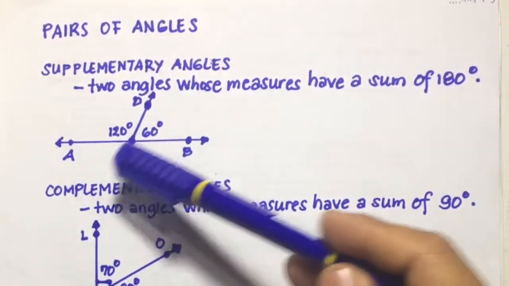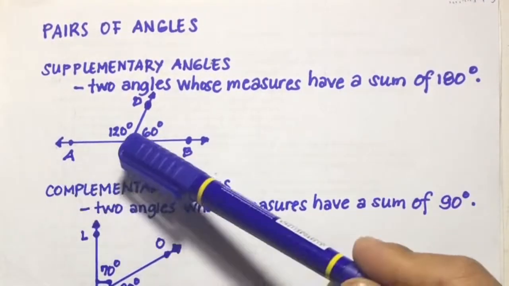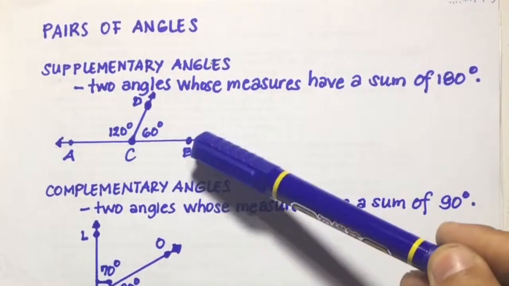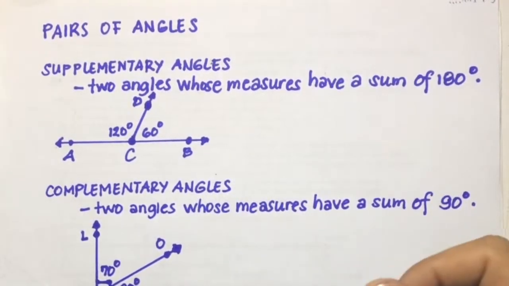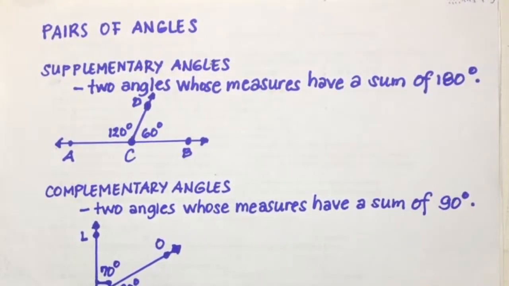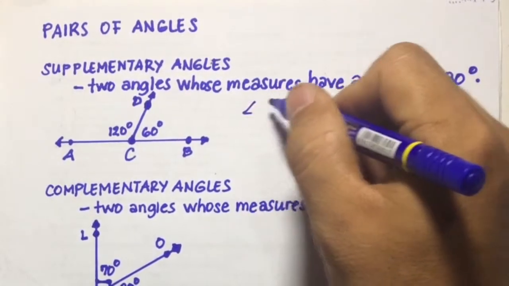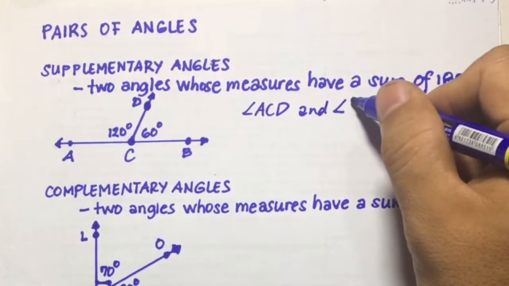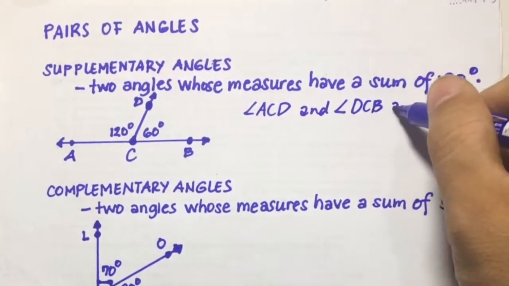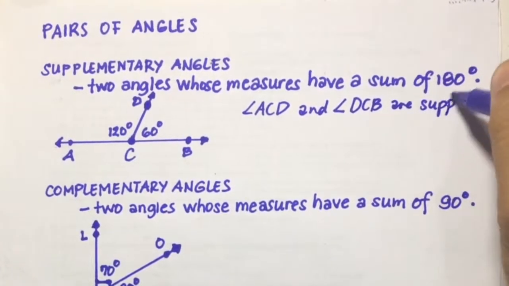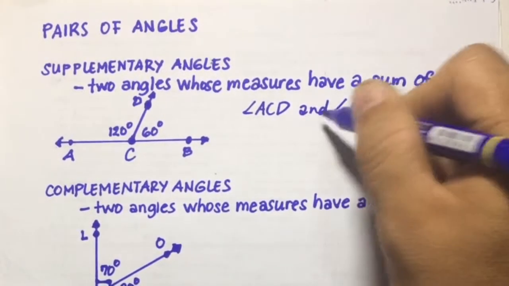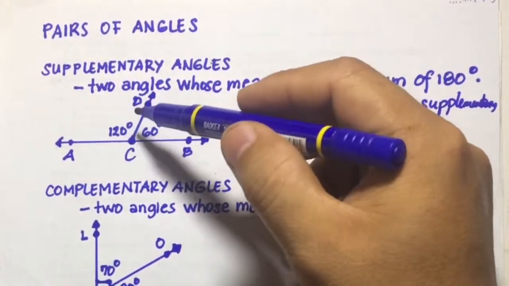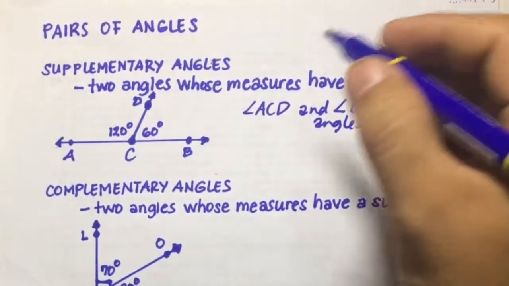So we have the figure here. Angle ACD measures 120 degrees and angle DCB measures 60 degrees. Now in this figure, you can say that angle ACD and angle DCB are supplementary angles, because if you add the sum of their measurements, it will add up to 180 degrees.